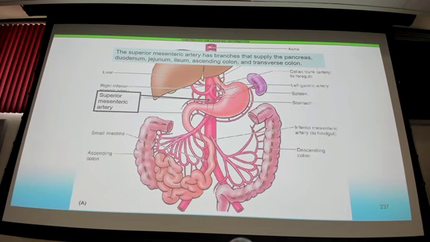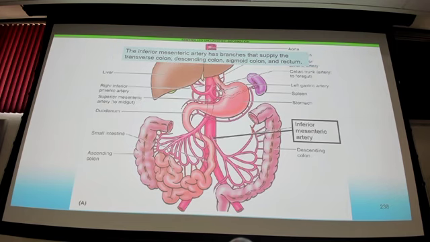It does do part of the pancreas, but duodenum, jejunum, and ileum are all small intestine. So I just grouped them into being small intestine. The ascending and transverse colon, so I said part of the colon. Then the inferior mesenteric is going to do the other portion. In other words, the rest of the transverse, down to the descending colon, sigmoid colon, and rectum.